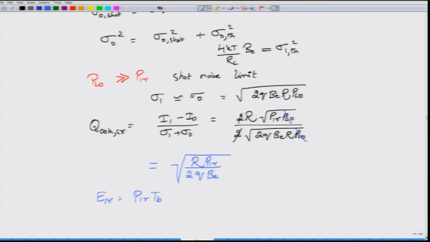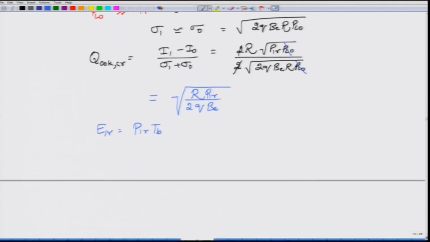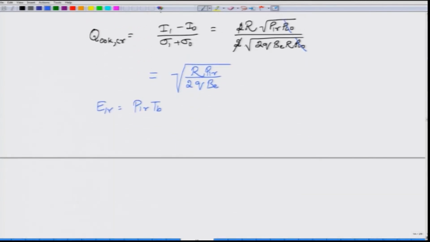Of course, energy being power into time, so I had confused it a little bit earlier. So you can write down the energy as the number of photons that you are going to receive times h nu. So this allows you to write P1R as the number of photons that you received times h nu divided by TB. You can substitute that equation into this one, also substitute R is equal to eta q by h nu and simplify the relationships.